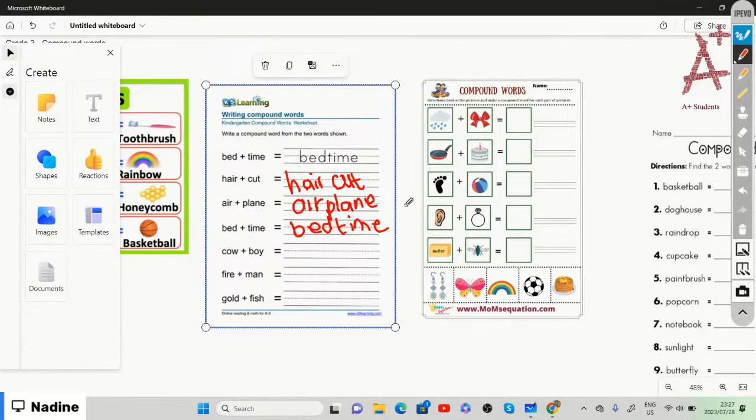Then we have cow plus boy, and that is a cowboy. Fire plus man, we will say it's fireman. And then we have gold plus fish, and that is goldfish.